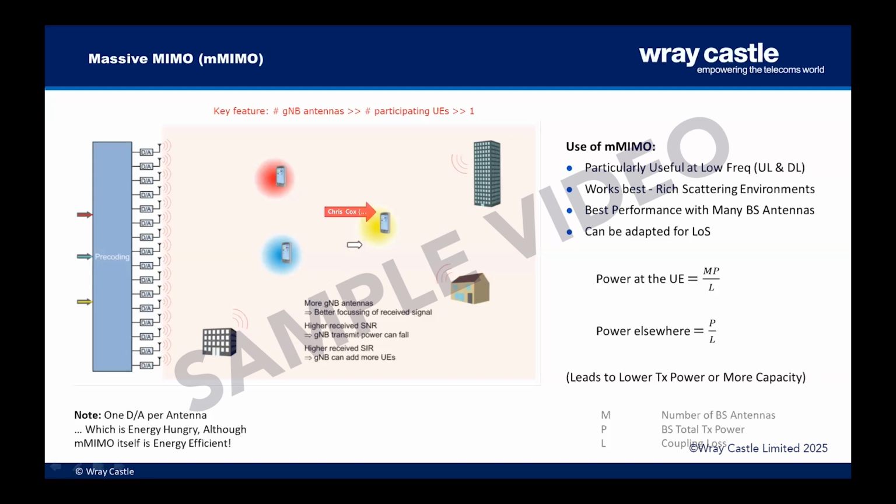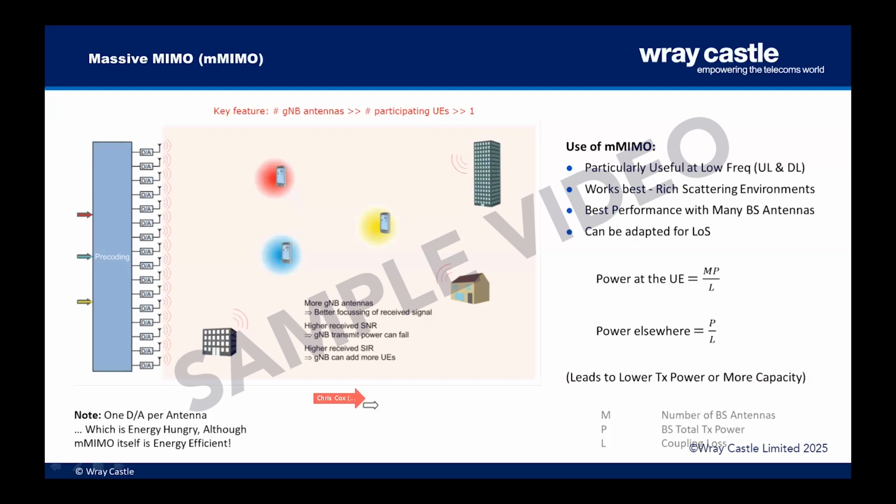And that then allows the base station to add more participating mobiles on the same radio frequency at the same time. And that improves the capacity of the system, which is what we wanted to do at low radio frequencies where the spectrum is limited.